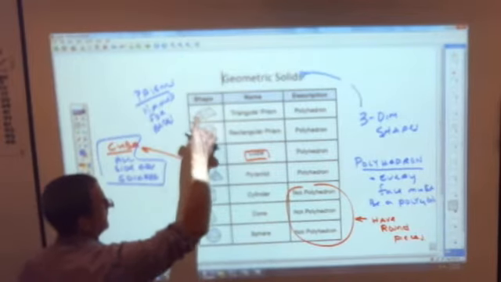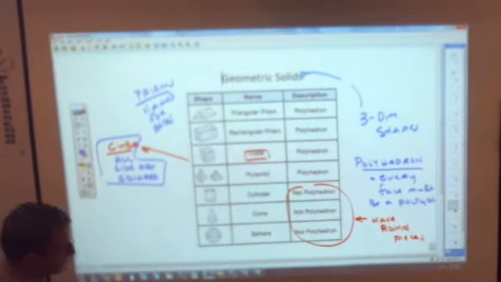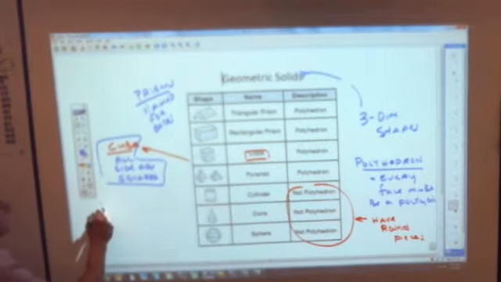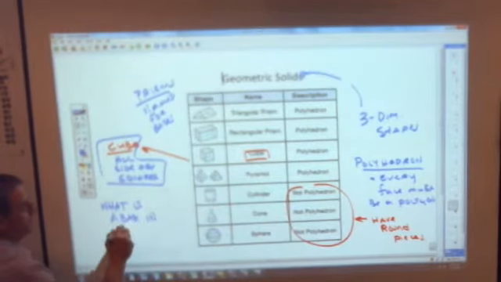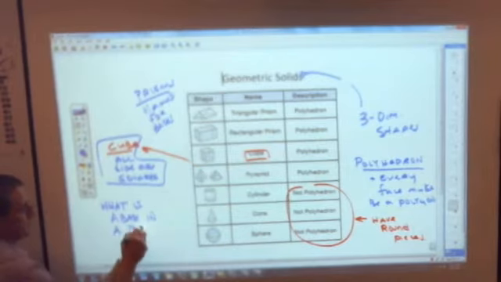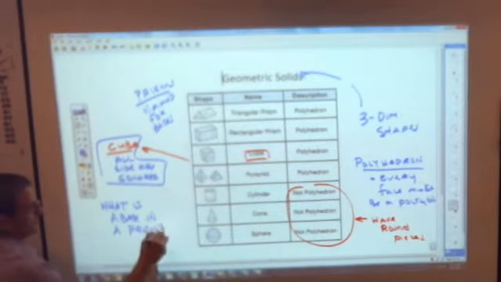Because you're 6th graders, here's the question. What makes a base? What is a base in a prism? Who can tell me what makes a base?